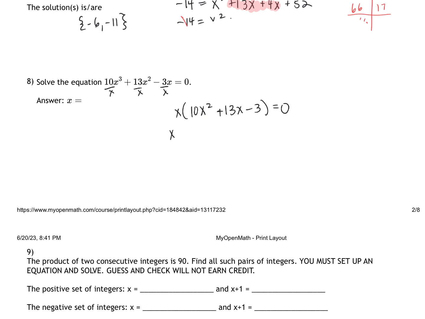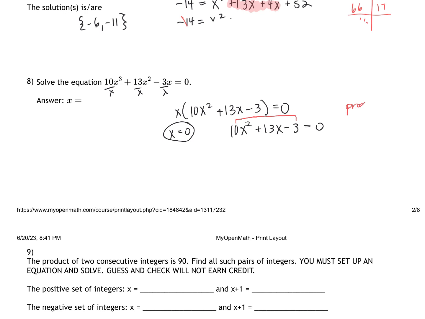And now I can set each of these factors equal to 0 and work on each factor separately. So the first one is done. X equals 0 is one answer. Now I'm going to keep working on the other part. So I can factor it by multiplying this times this and seeing if it's factorable.